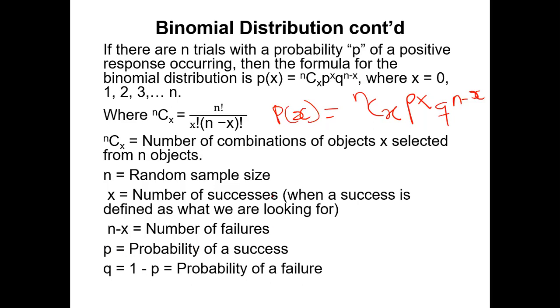Then P is the probability of success. Obviously, 1 minus P, on the other side, is the probability of failure.